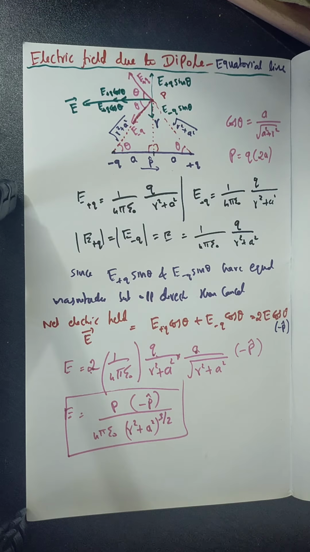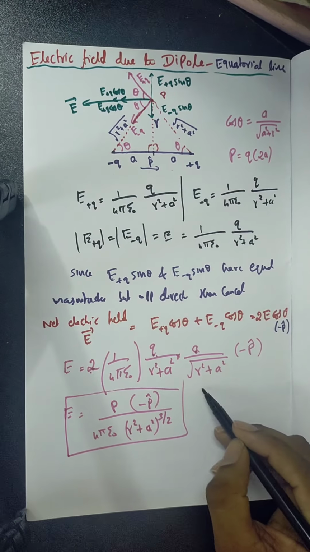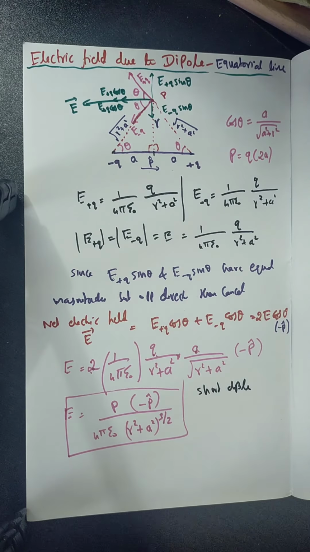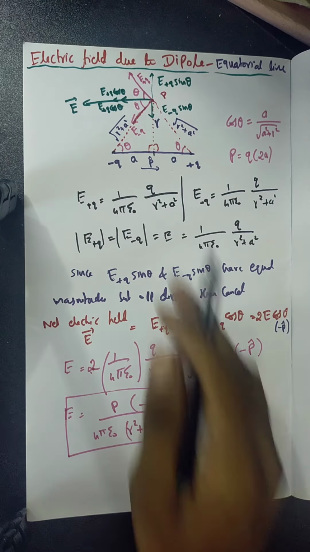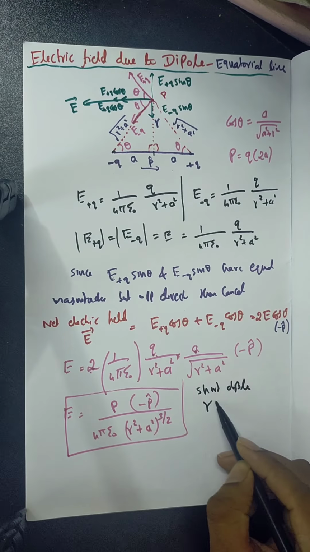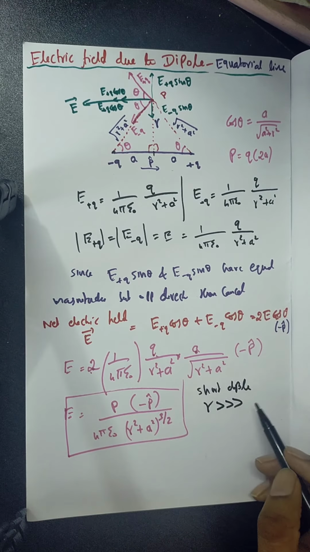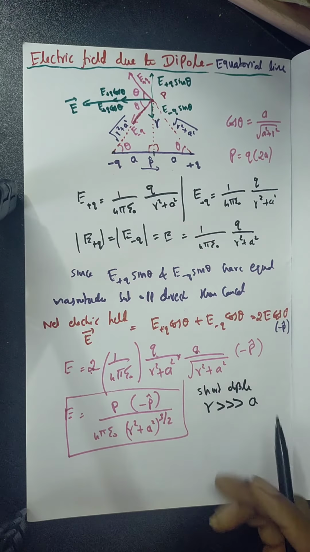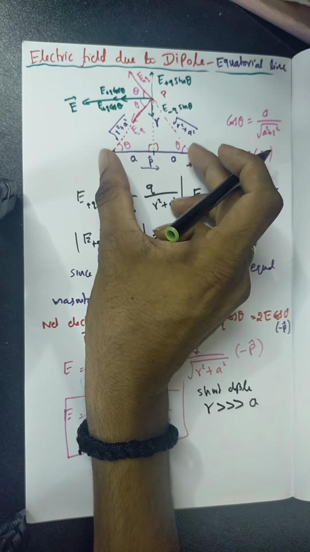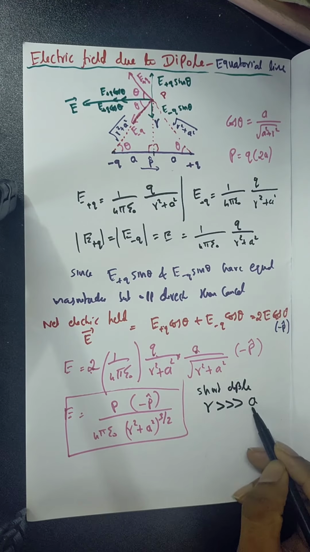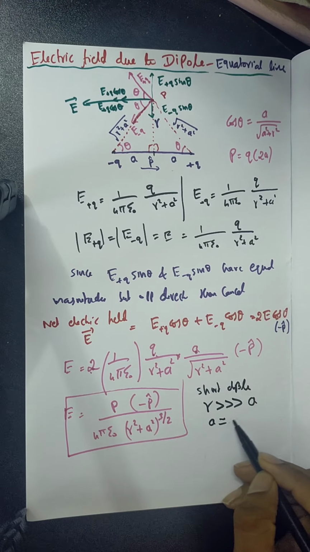Now what happens for a short dipole? So when can you say that a dipole is very short? When the distance from the center to the point P, that is r, is very much greater than the dipole length. If this is the case, then I can say that the dipole itself is short. The length is very, very small compared to r, and this a can be ignored and approximated to 0.